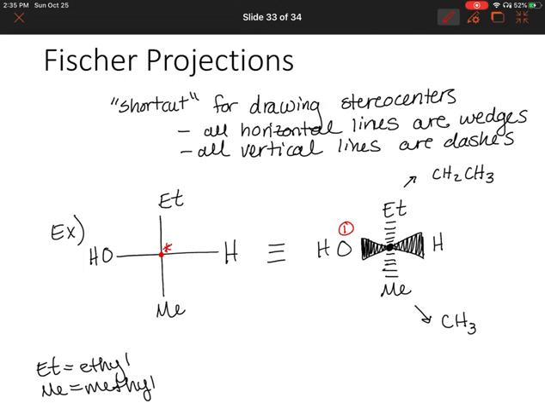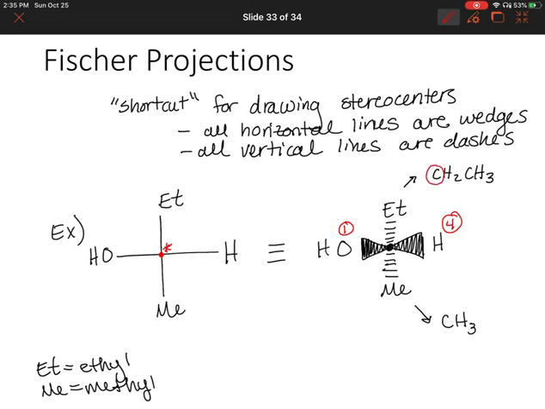Now we have to decide between methyl and ethyl and hydrogen. So methyl and ethyl have carbons directly attached to the stereocenter. Those are heavier than hydrogen, so we know hydrogen is priority 4. That's typically our lowest priority atom. So now we have to decide between ethyl and methyl.